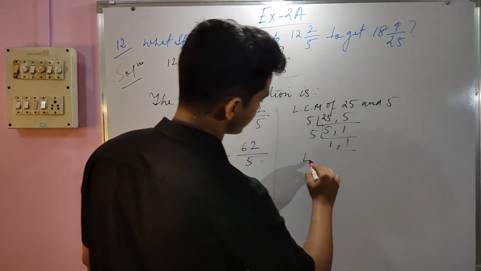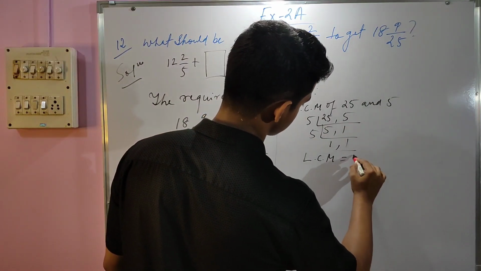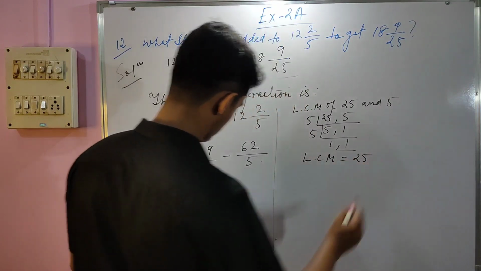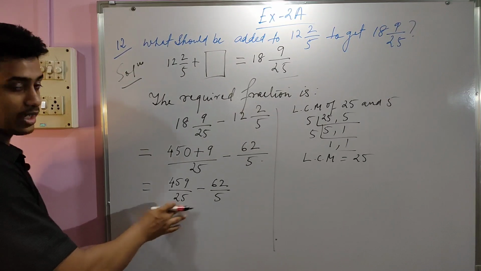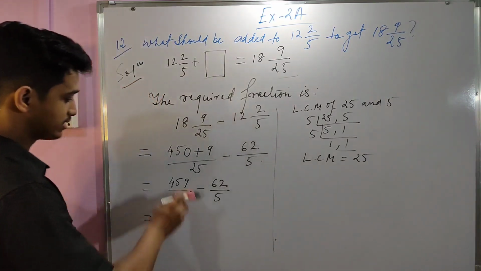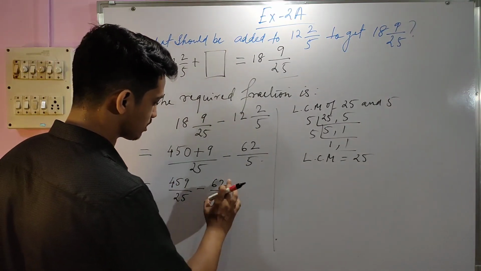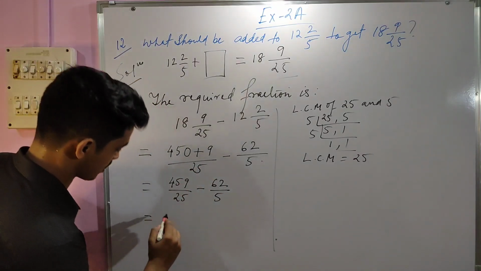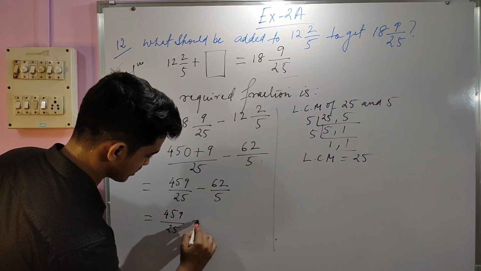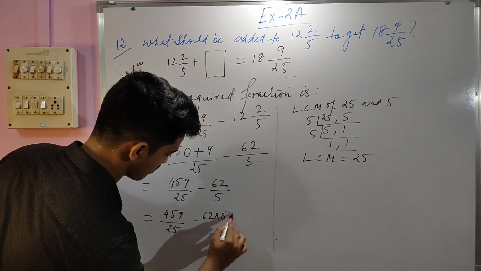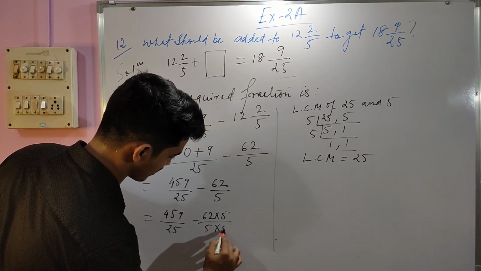So LCM is 5 into 5, that is 25. So 25 is there only, so we don't need to convert this number. So 459 by 25 minus 62 into 5 by 5 into 5, right?